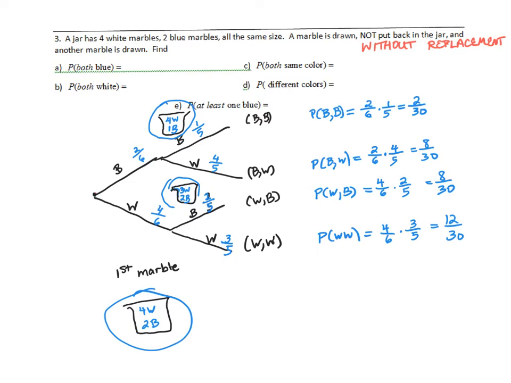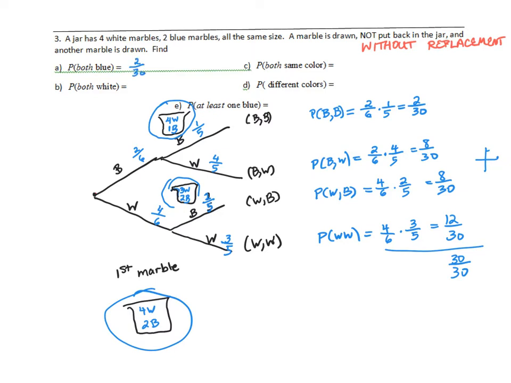And again, notice that when we add this column, the sum would be 2, 8, 8, and 12, which is 30 out of 30. So the sum of the simple probabilities should always add up to 1. And now we have the problem. We have the same questions, but we have different probabilities. So the probability that both are blue would be 2 out of 30.